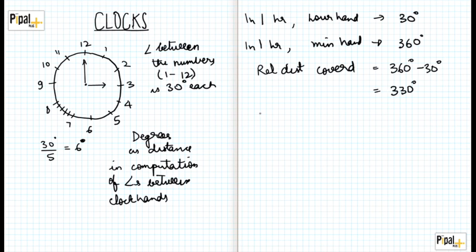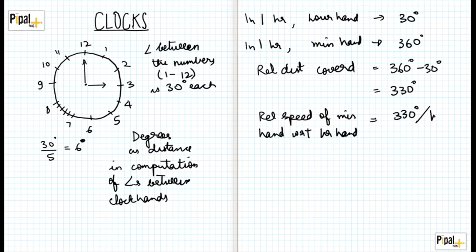So the relative speed of the minute hand with respect to the hour hand is going to be 330 degrees per hour, right? If I replace an hour by 60 minutes, this is equivalent to 330 degrees divided by 60 minutes, or we get 5.5 degrees per minute, right?